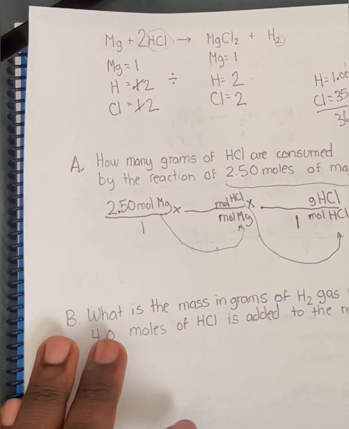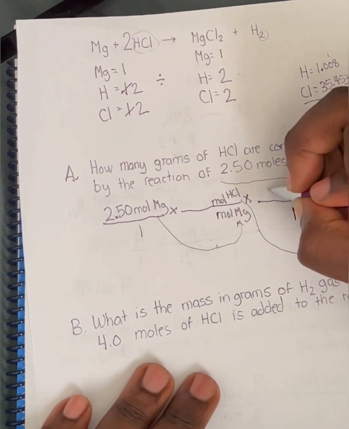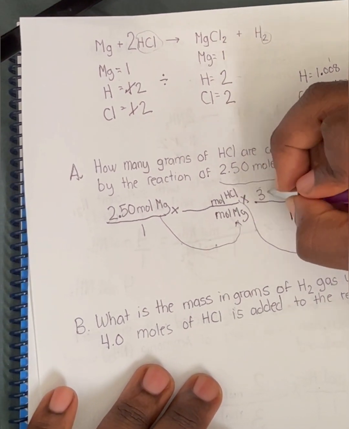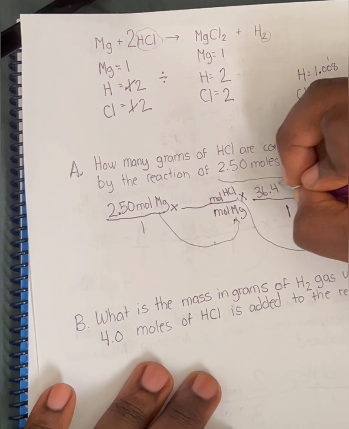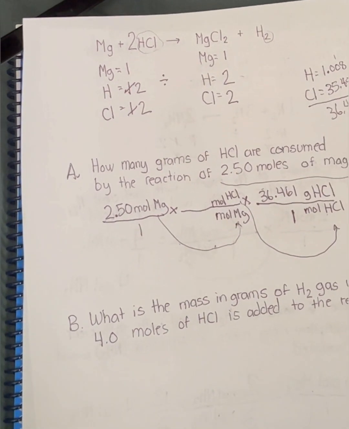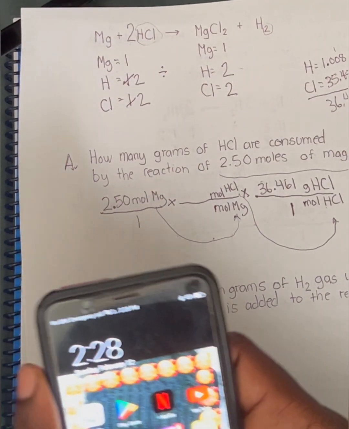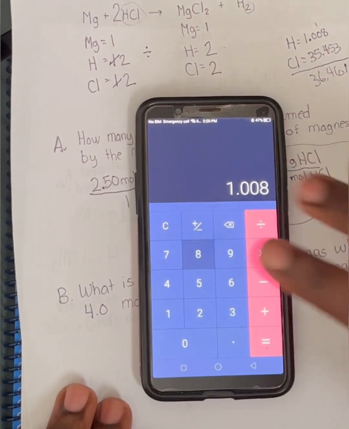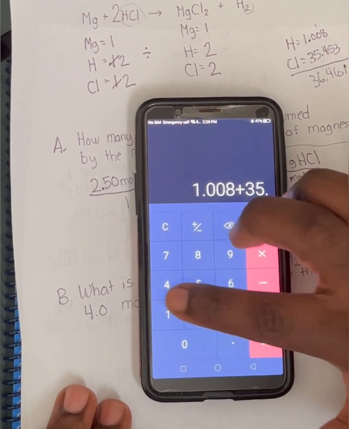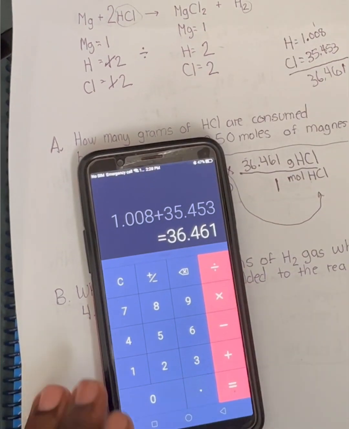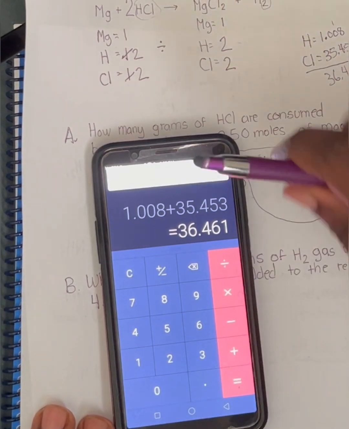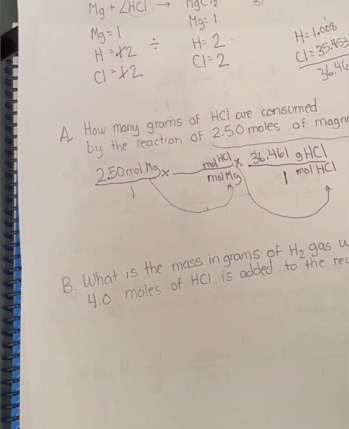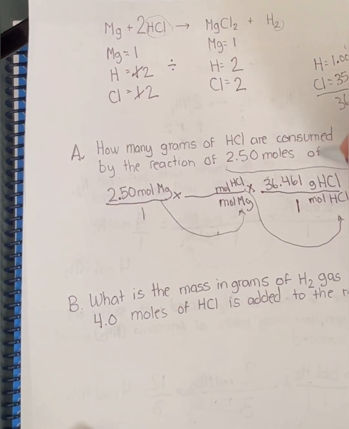So the molar mass should be 36.461 for HCl. Let me get a calculator to verify that. All right, so I'm gonna take 1.008 plus 35.453. And yes, as you can see, it's 36.461. So that is our molar mass. That's what's going at the top.